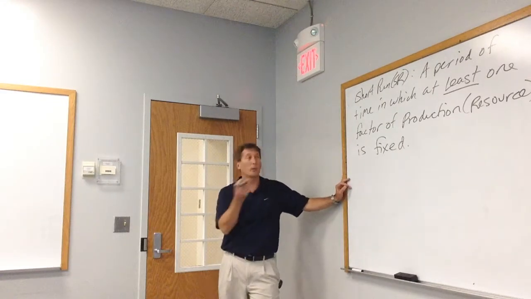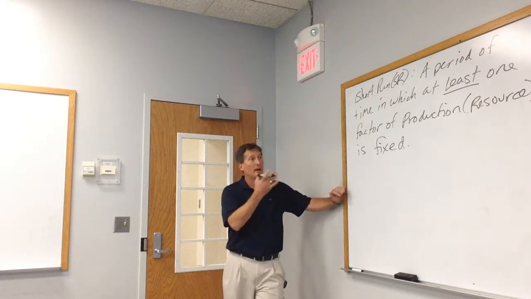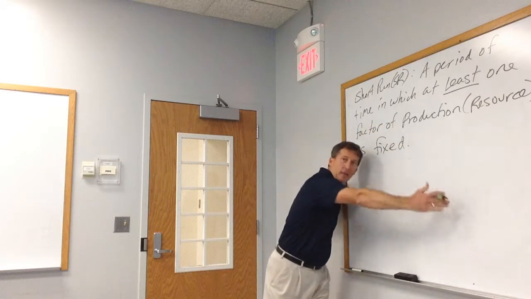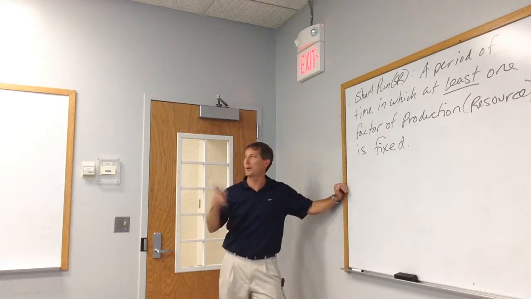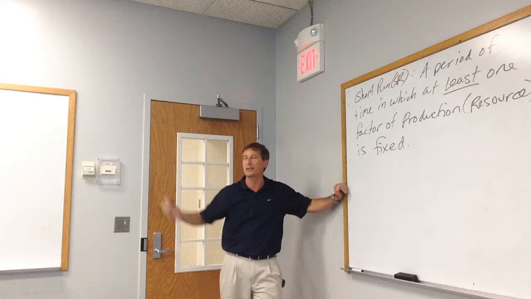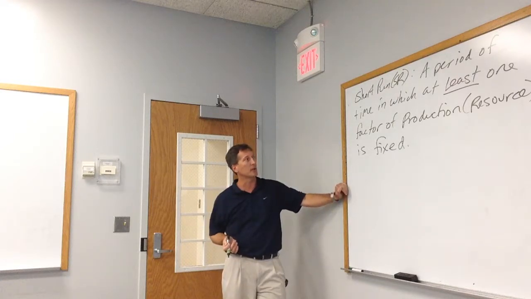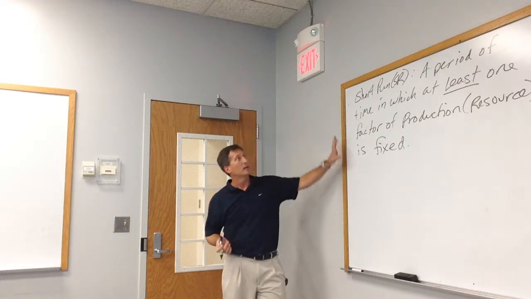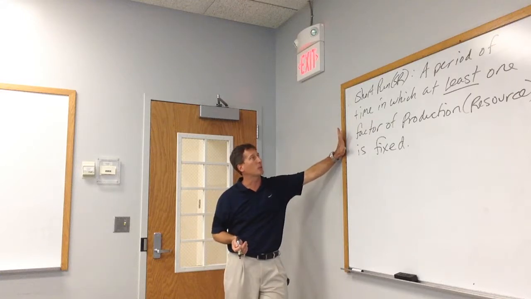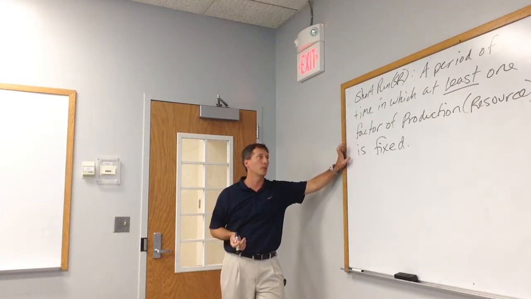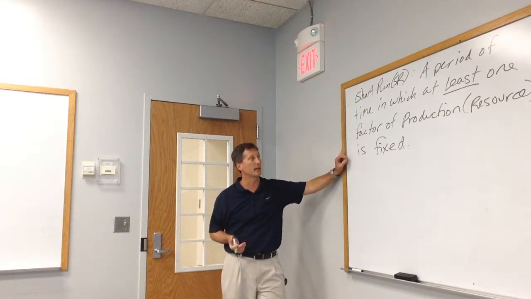There might be more than one, but what is that period of time when we only have one that we need to change? That's why I was picking on something like land or buildings, things that take a while to change up. So a period of time in which at least one factor of production, one resource, is fixed.